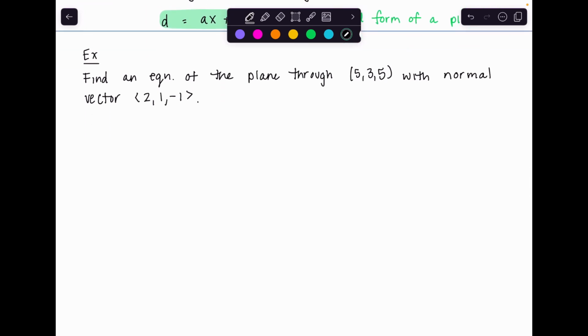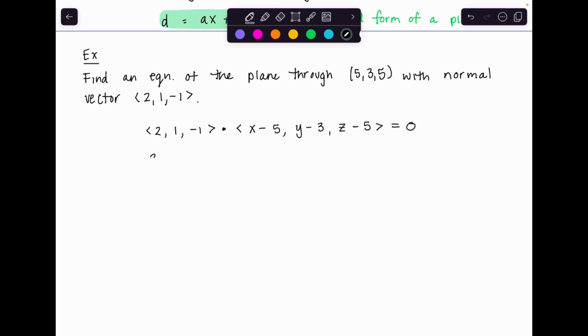So you don't need to do this first step. I'm going to do it again just to show you, because this is our normal vector n. If I go ahead and dot product this vector with x minus my initial point, y minus my initial point, z minus my initial point, this thing should equal 0. Okay.